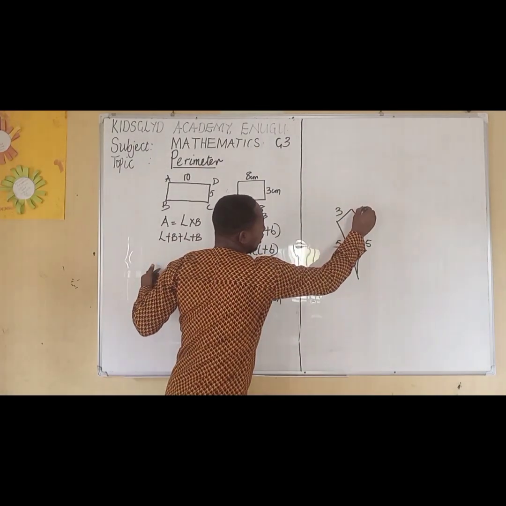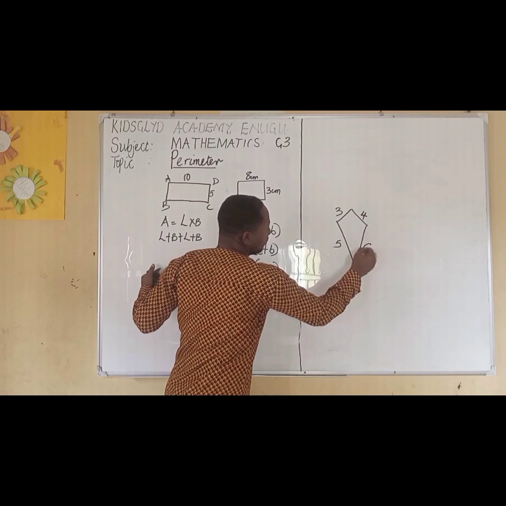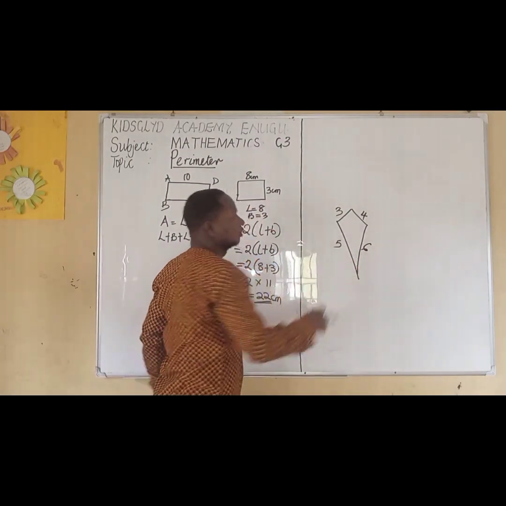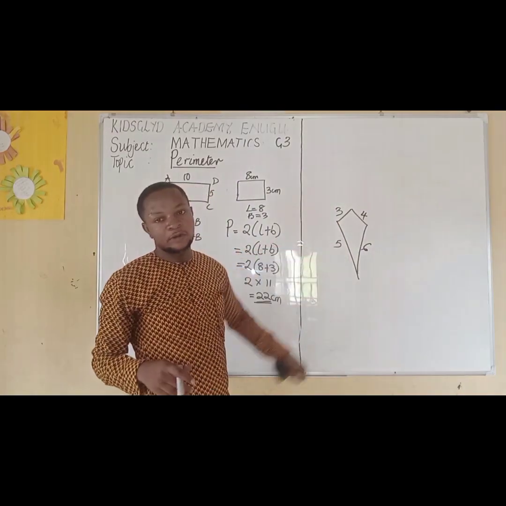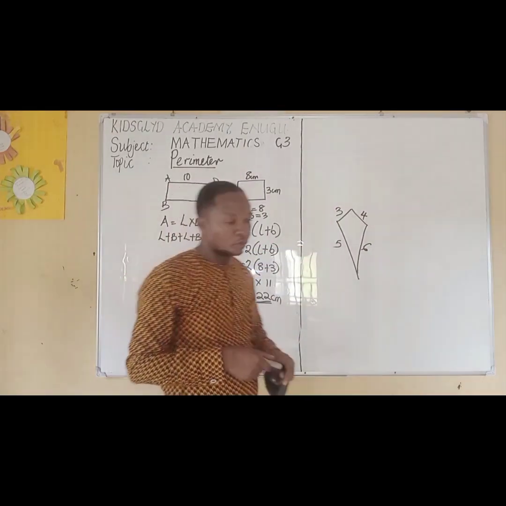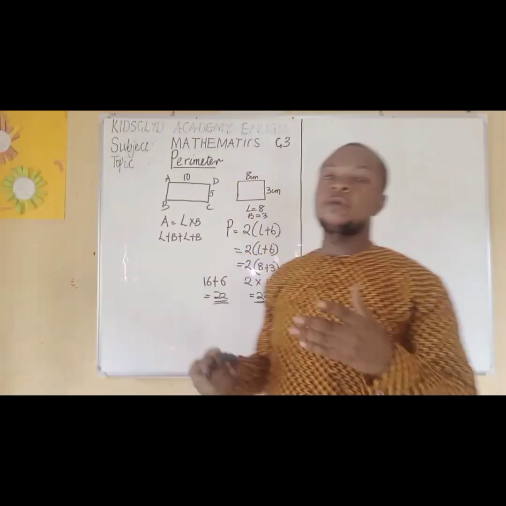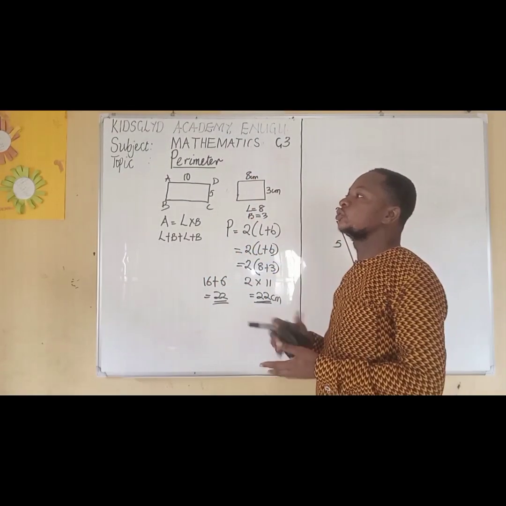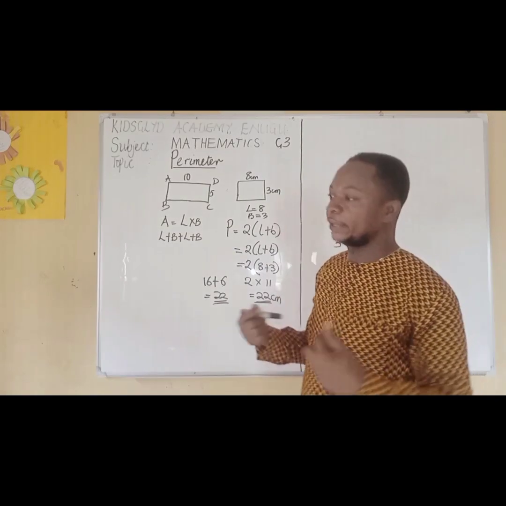For example, here will be 4, and here will be 6. So you add all the sides, 3 plus 4 plus 6 plus 5. It will give you the perimeter of the shape. So when you hear perimeter, it is not something that looks so difficult. It is something that each and every one of us can do.